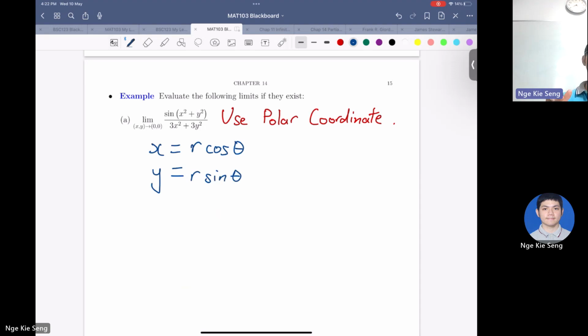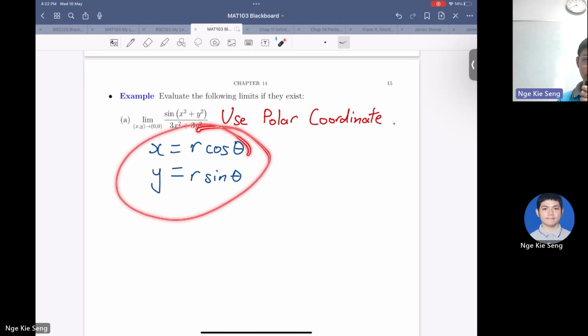So this tells you that every point lies on a circle of radius r centered at 0, 0, the origin.